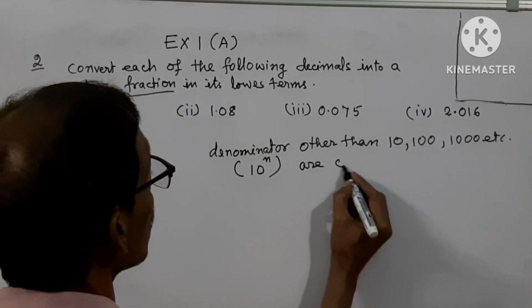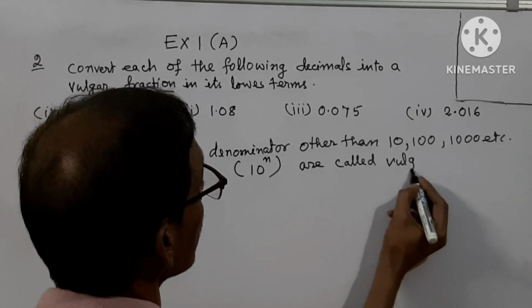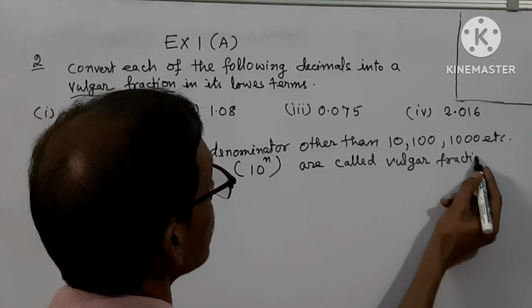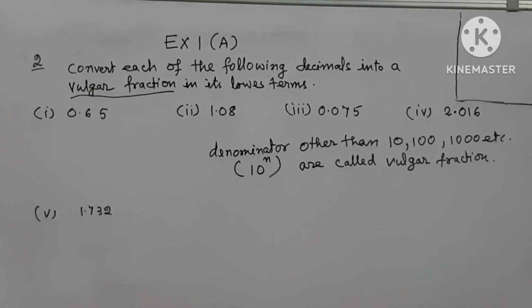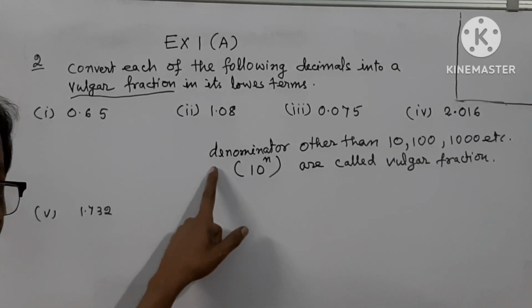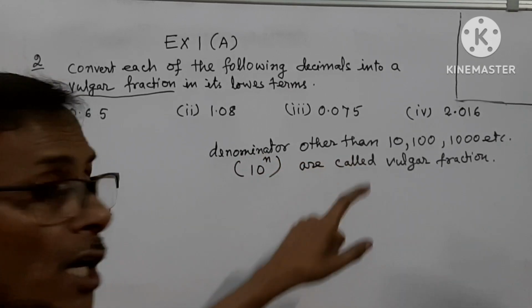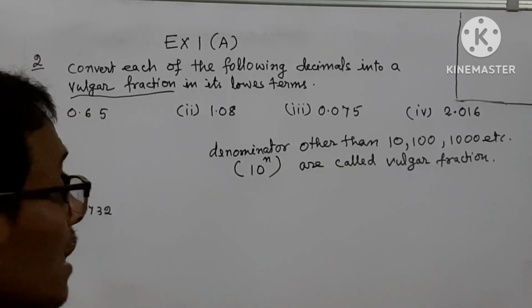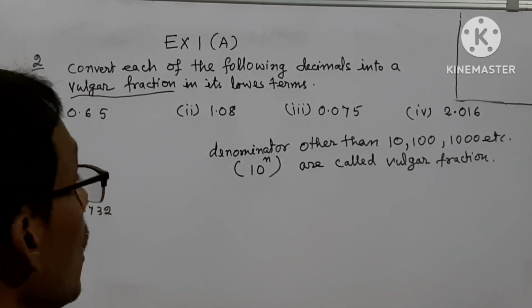So fractions in simplest form whose denominators are not 10, 100, 1000, 10,000, etc., are called vulgar fractions.